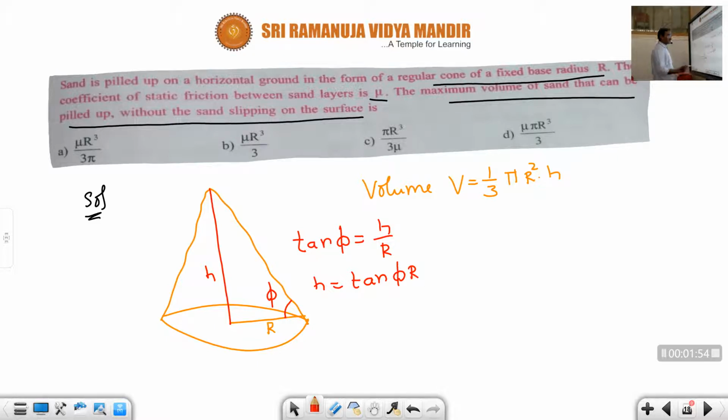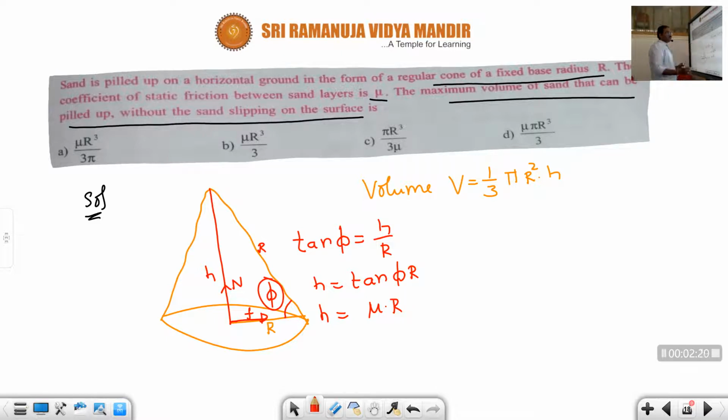Here we know that this is the radius, this is the frictional force, this is the normal reaction, and this is the resultant, and it is obviously the angle of friction. We know that tan phi is equal to mu, then h is equal to mu into r. We got h is mu into r.